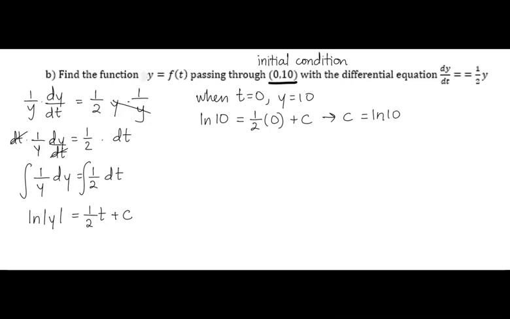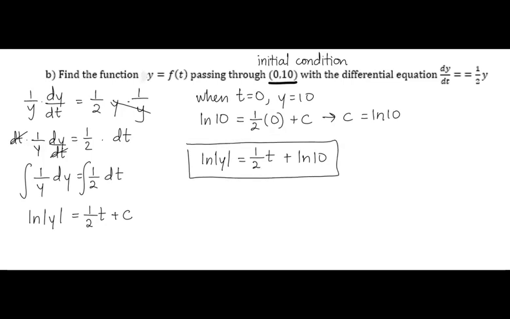So now I can rewrite my solution as natural log absolute value of y is equal to 1/2 t plus, instead of writing c, we just solved for c, we found that c was natural log of 10.